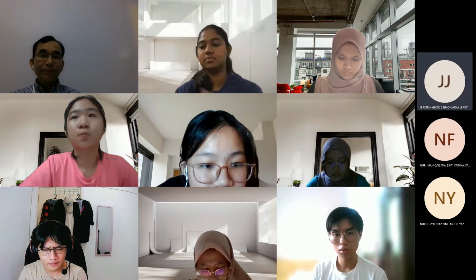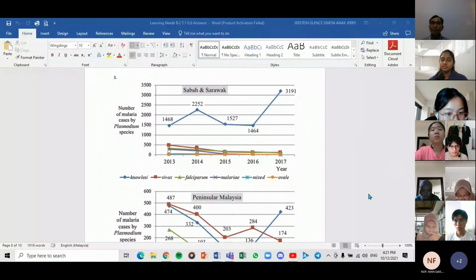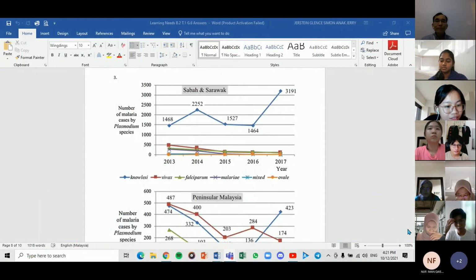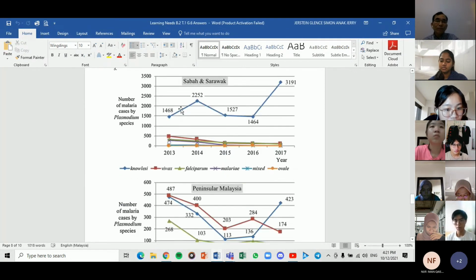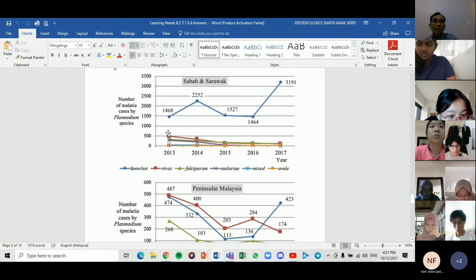All right. So this is what I have for the epidemiology. This is the number of cases by Plasmodium species in Sabah and Sarawak. The blue one is Knowlesi. The red one is Plasmodium vivax. The green one is Falciparum. The purple one is Malariae.